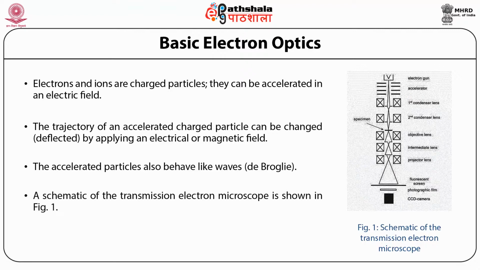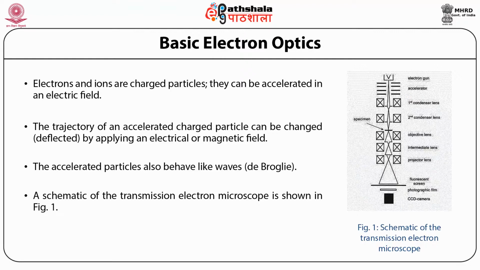A schematic of the transmission electron microscope is shown in figure 1. It shows the electron gun, the accelerators, a set of first condenser lens, after that the second condenser lens. After this arrangement, the specimen is placed.